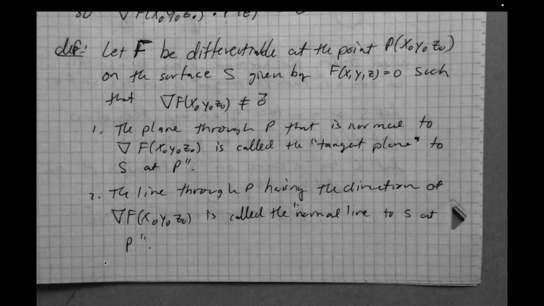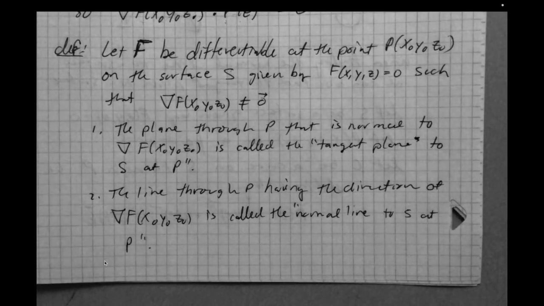Let's talk it through. Let f be differentiable at the point P on the surface S given by f of x, y, z equals 0, such that the gradient evaluated at x naught, y naught, z naught is non-zero. It's not equal to the 0 vector.